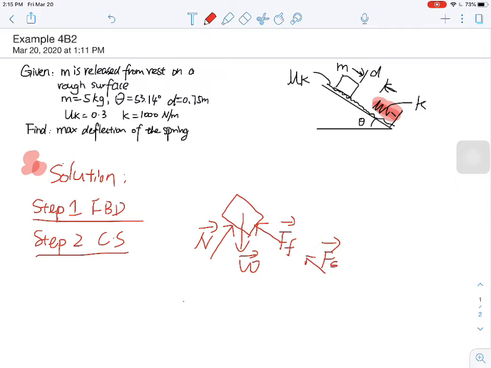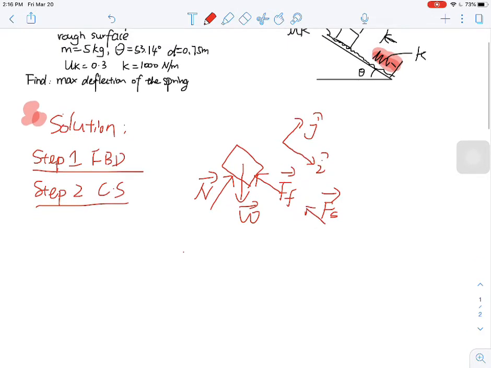What coordinate system would you choose for this problem? If you look at this problem, x i j should be enough, so I will set up my i j lined up with this slope.